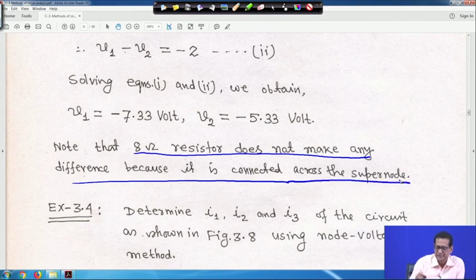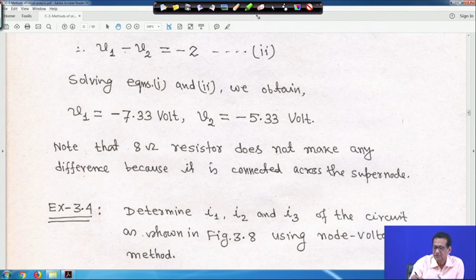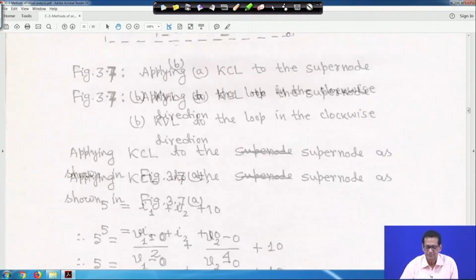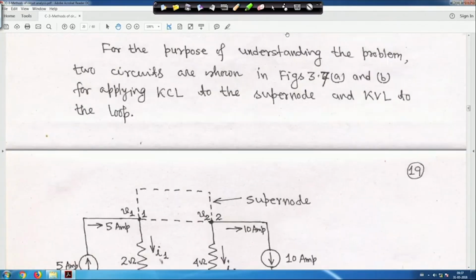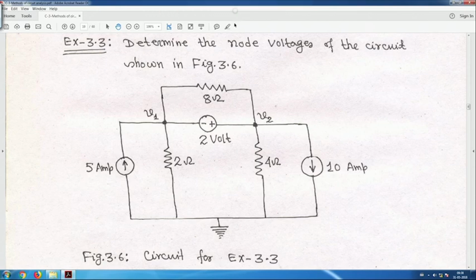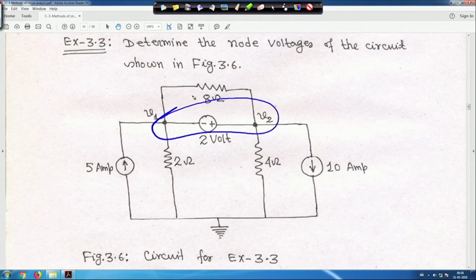So, this is interesting, let us go back to the circuit. If you come to the circuit, that 8 ohm resistance is connected across the super node, because this is actually your super node.